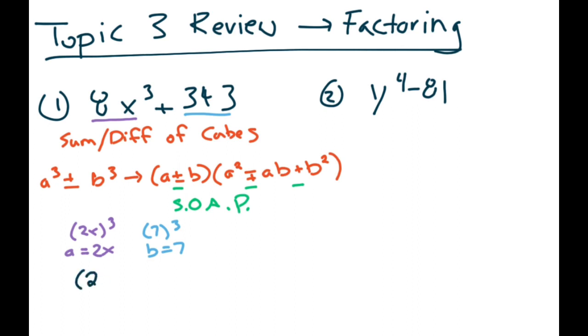So this would be 2x plus 7, times 4x squared minus 14x plus 49. So a plus b, a squared, opposite sign, a times b. So 2x times 7 is 14x. Always positive, plus b squared, so plus 49.